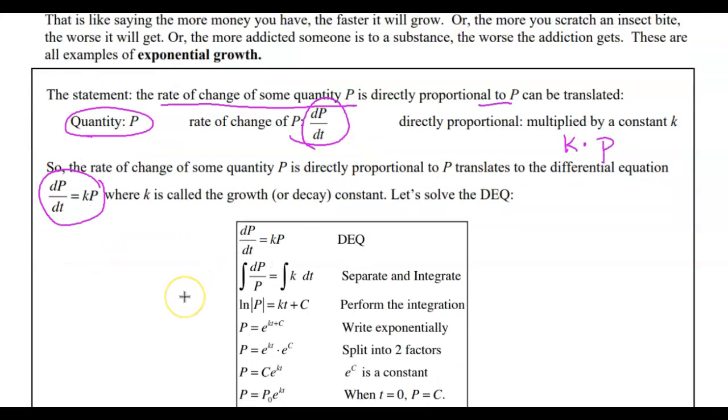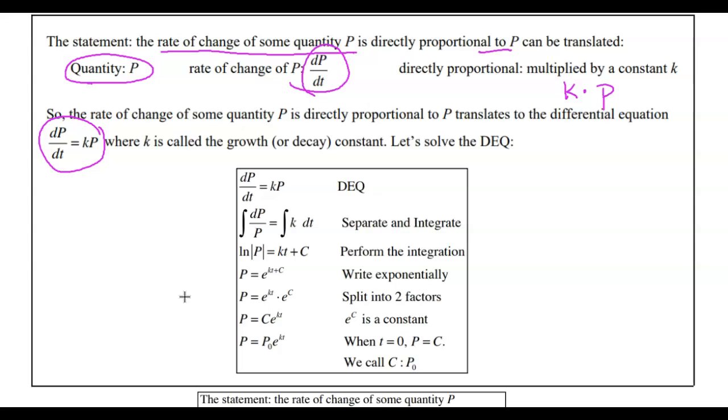So if we wanted to solve that, that's what we did in the last section. So this is not new or even difficult, but this is the reason why I went through some of that notation with you, so we could get it in an exponential form at the end. All right. So we integrate both sides. We've got the natural log of the absolute value. Set up your exponential equation.